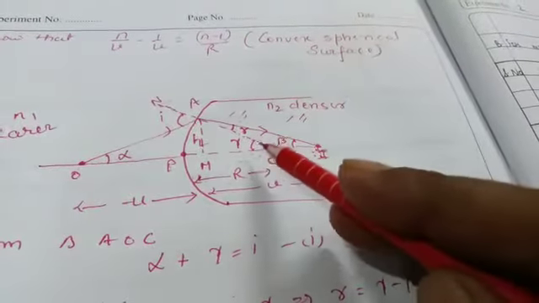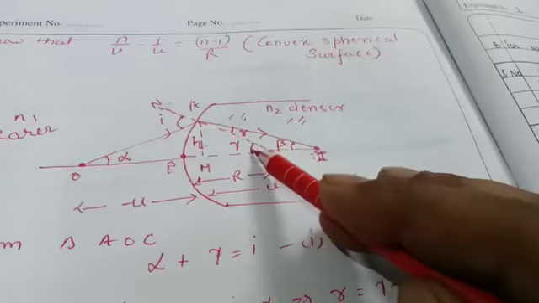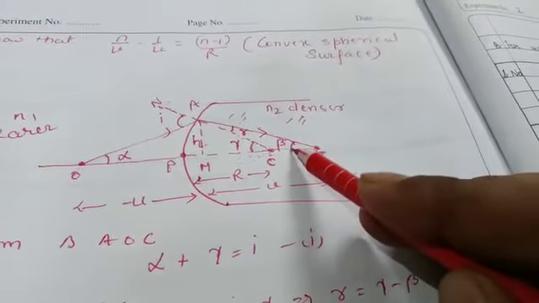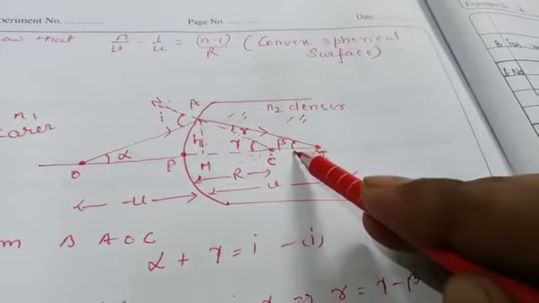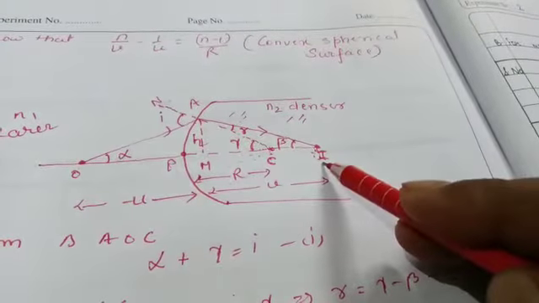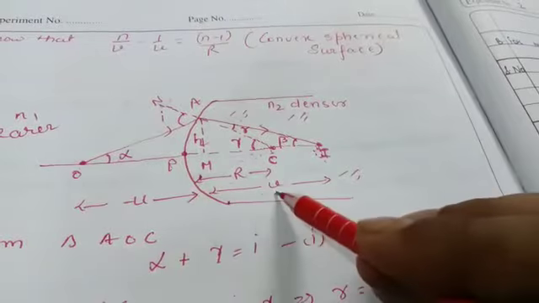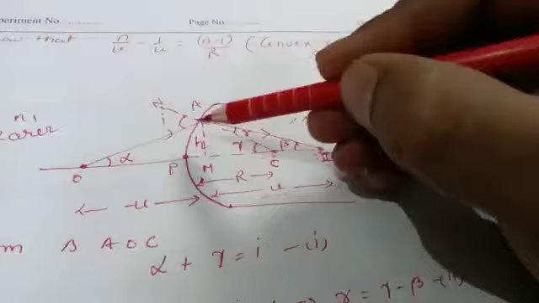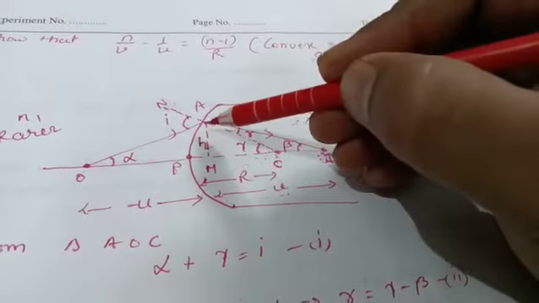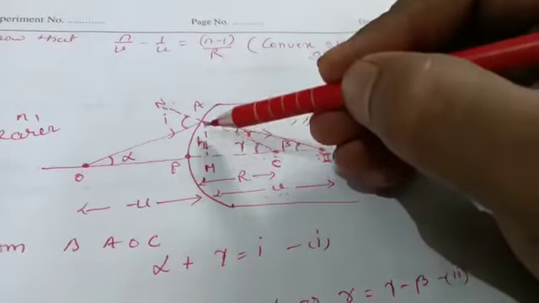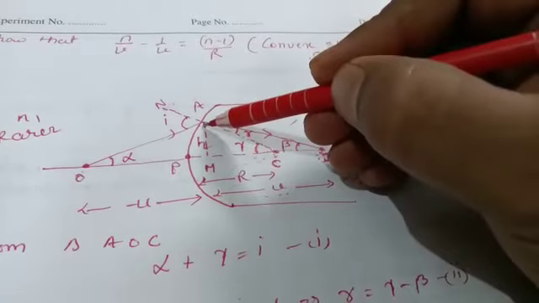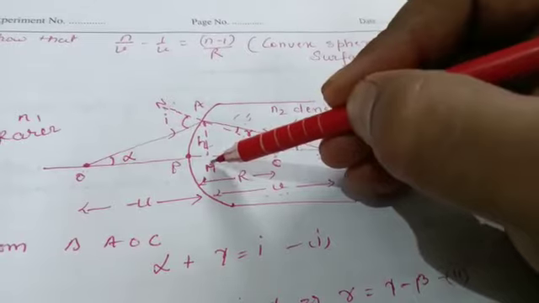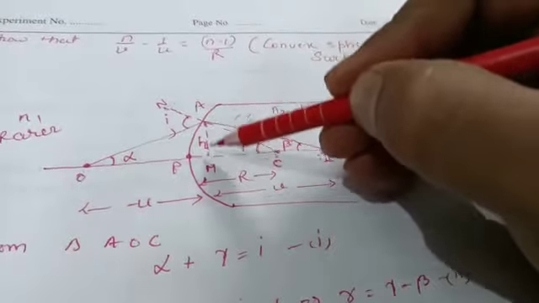The normal makes angle gamma with respect to the principal axis and the refracted ray makes angle beta with respect to the principal axis, and the distance of the image from the pole is V. V is the distance of the image. Now to make our calculation easier, I have drawn a perpendicular from point A on the principal axis. The foot of the perpendicular is M, the height is H.